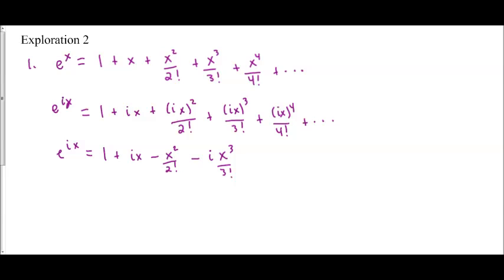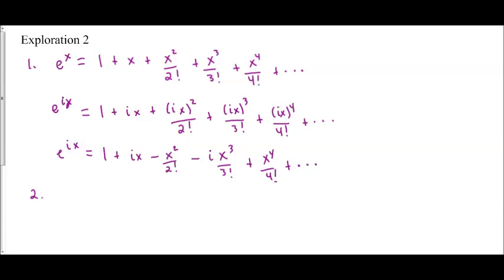And i to the 4th is going to give us positive 1. So we're going to have plus x to the 4th over 4 factorial. And that will continue out, but this gives us the basic pattern.